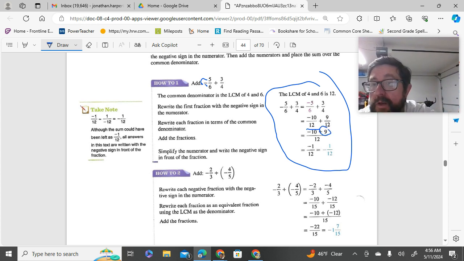So now your common denominator is 12. So you're going to put a 12. Now what you're going to do is take negative 10 plus positive 9, and your answer will be negative 1. Okay, so negative 1 divided by 12 equals, and now they just put the negative out here, negative 1/12. Okay?